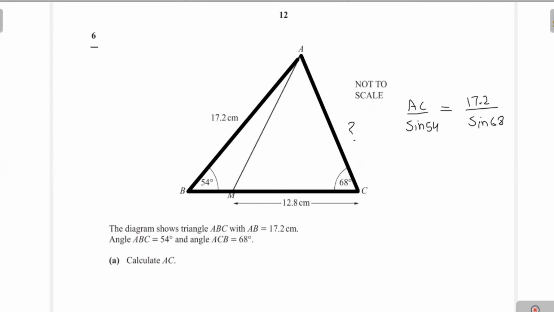We can solve this equation. This equation becomes 17.2 over sine 68 multiplied by sine 54, and this value will be equal to 15 centimeters, and this length 15 centimeters is the answer. Now move to the next part.